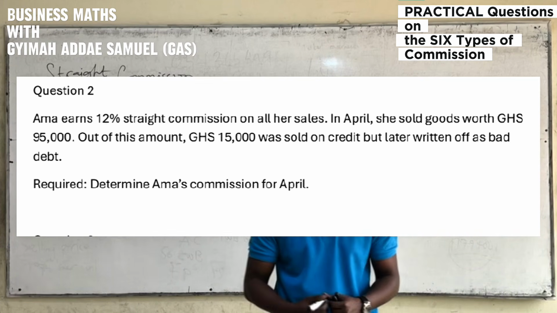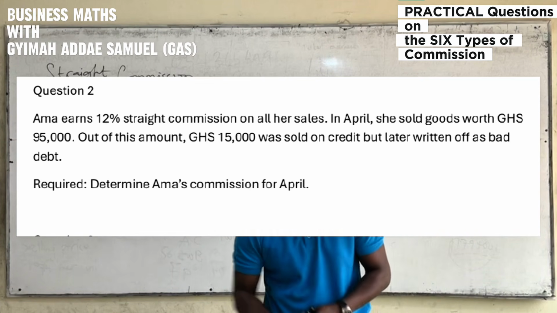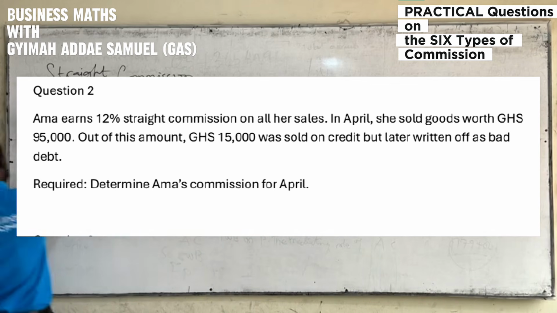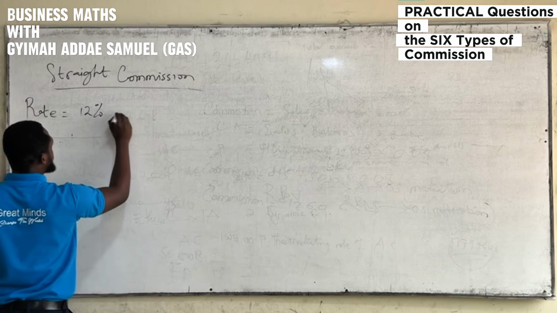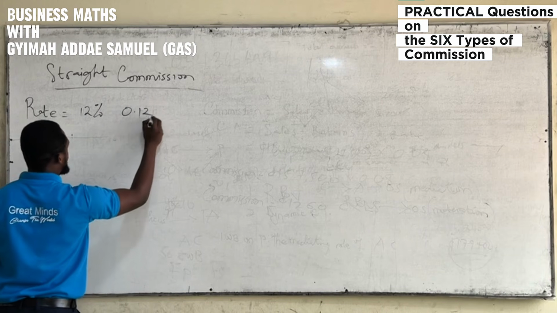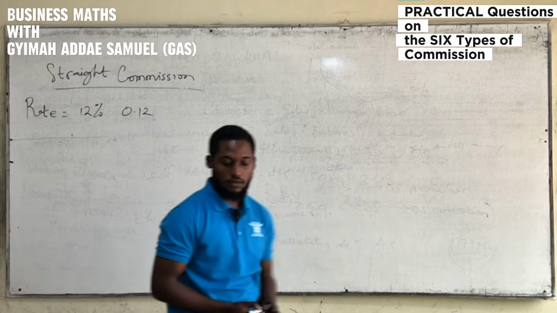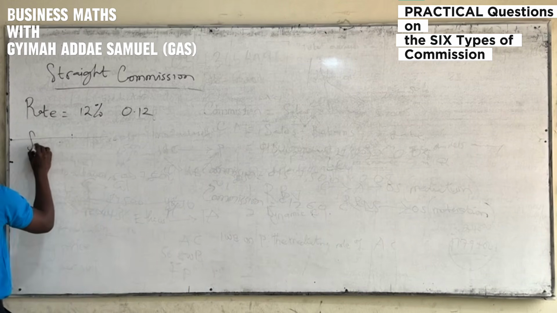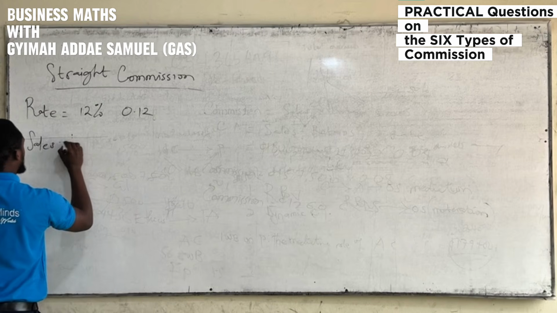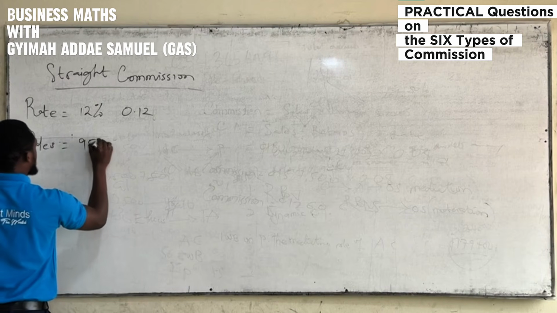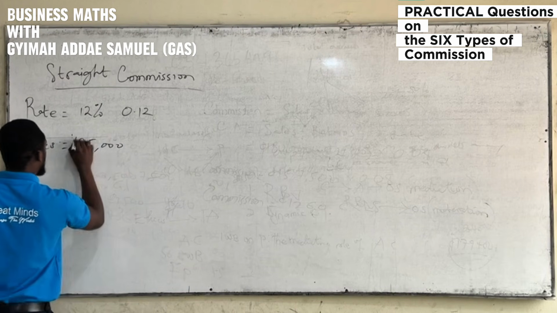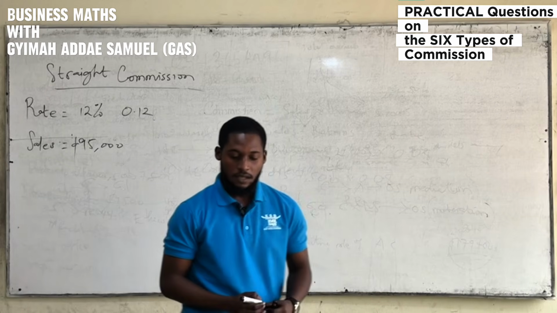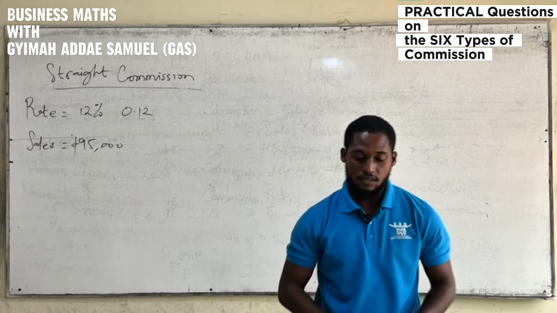So with this question, you state your apparatus as usual. So the rate was given to be 12%. Converting this to decimal becomes 0.12. Our sales was given to be 95,000 Ghana cedis. Then a bad debt was provided.